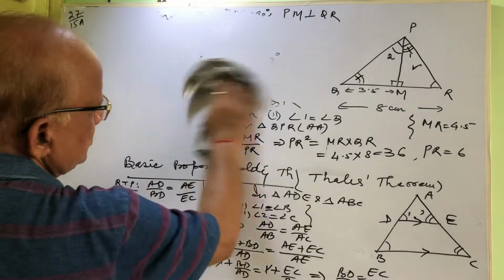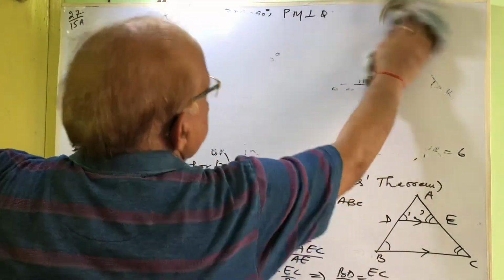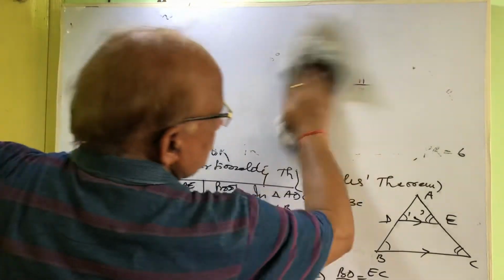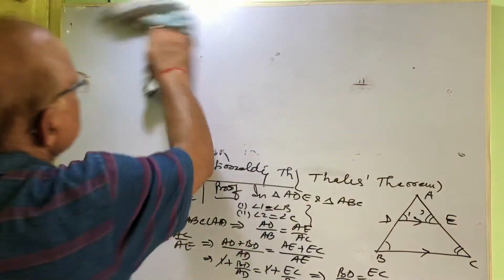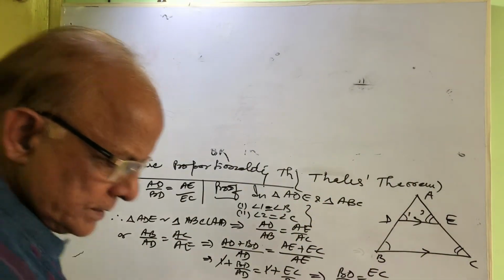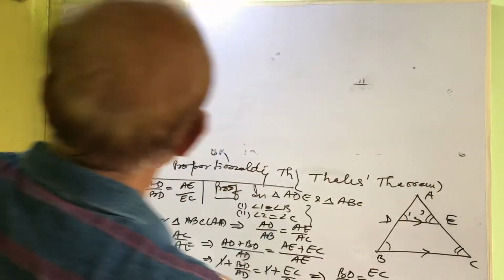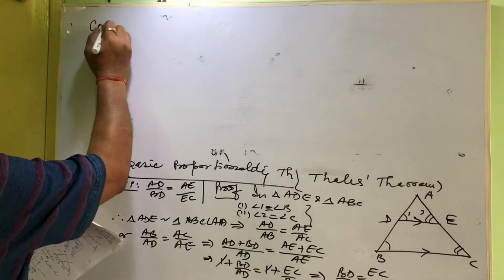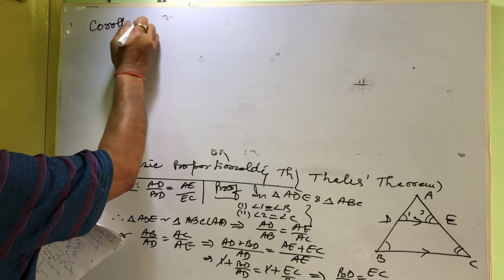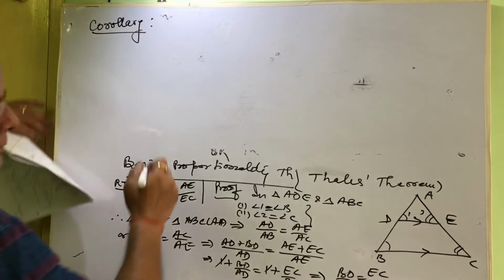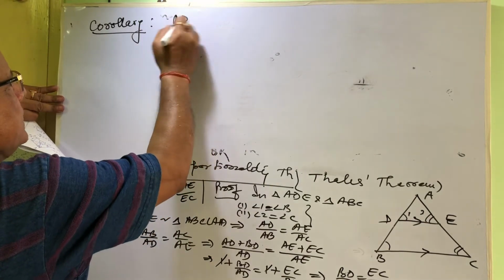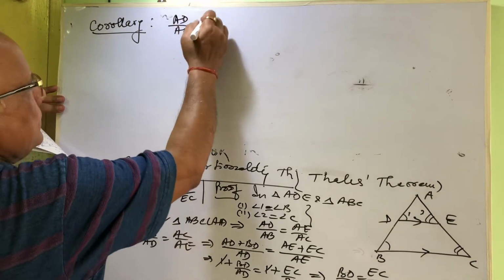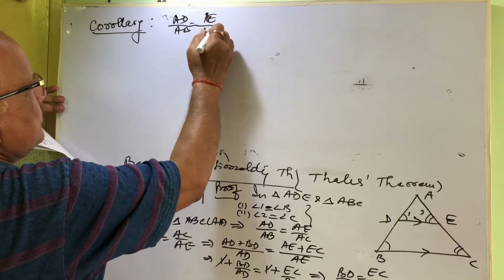Then the corollary of this theorem, which is generally used, you can directly use the corollary. Corollary means a derived result of a theorem. Corollary 1: AD by AB equals AE by AC.